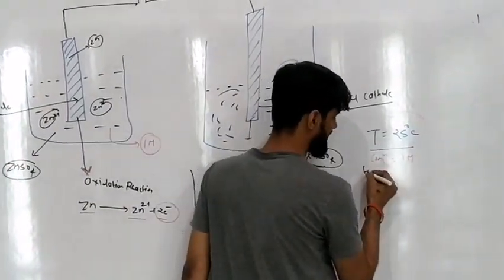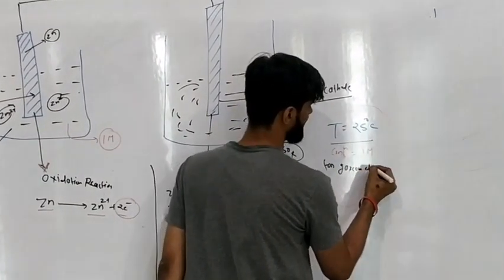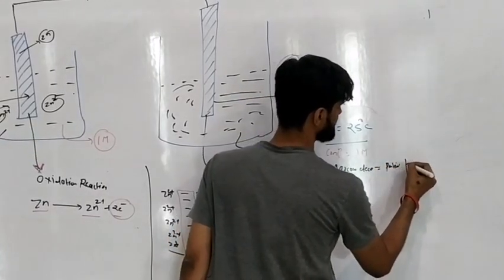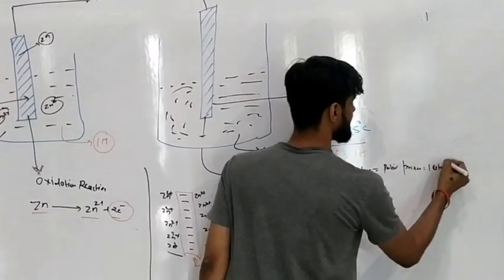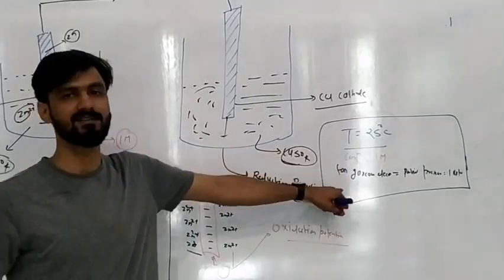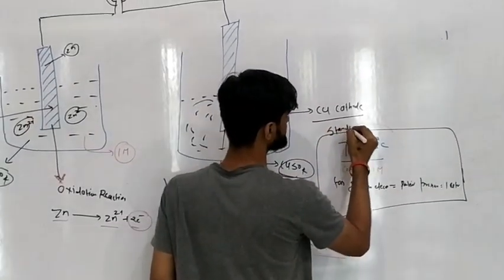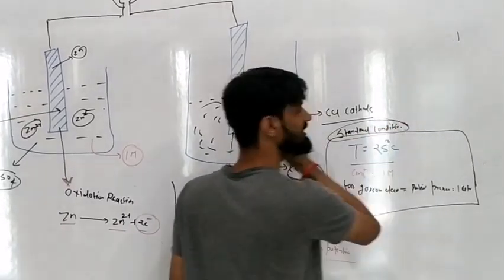Then for a gaseous electrode, the partial pressure is equal to 1 atm. If you fix these three conditions, then this condition is called the standard condition.